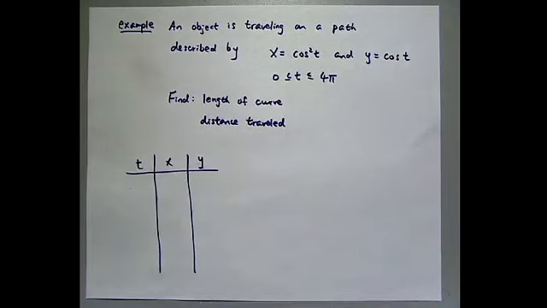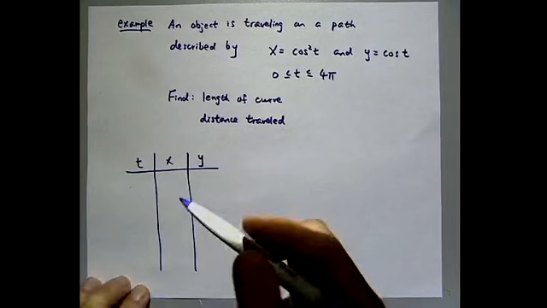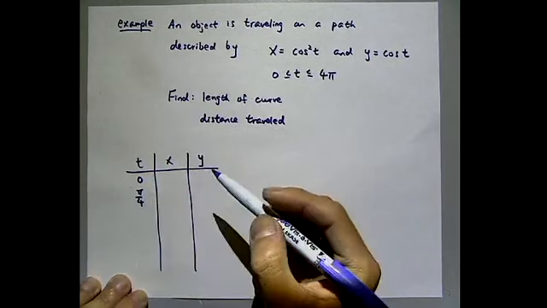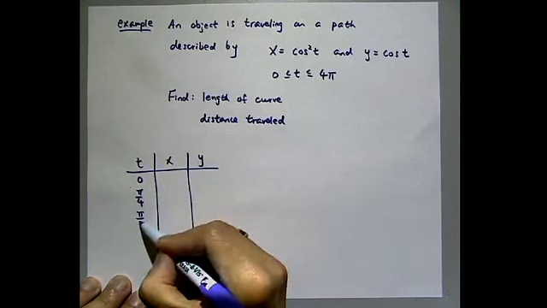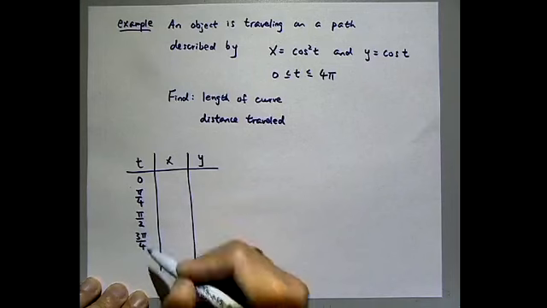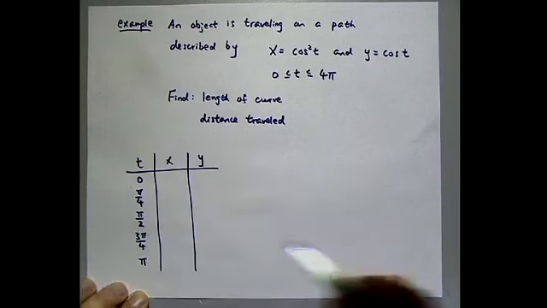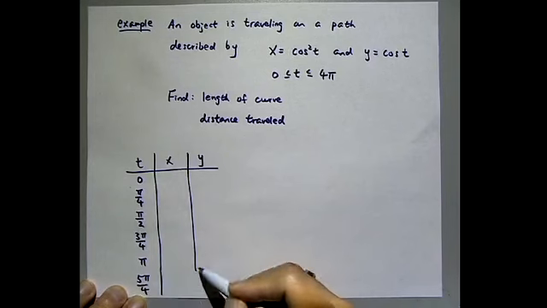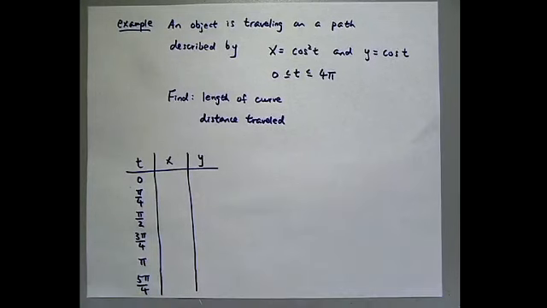So I'm going to choose a few convenient values of t: pi over 4, pi over 2, 3 pi over 4, pi, and then 5 pi over 4.